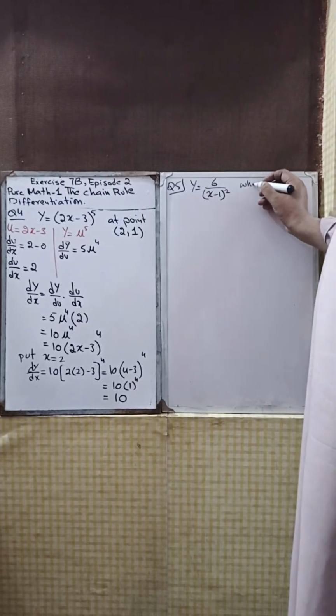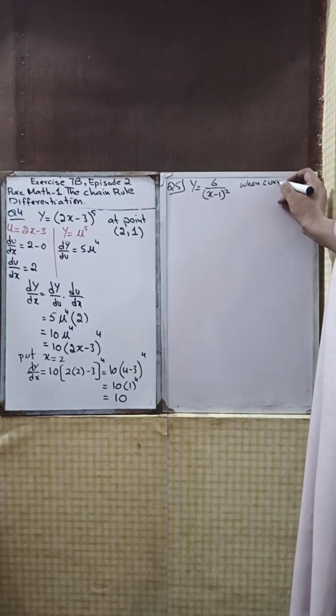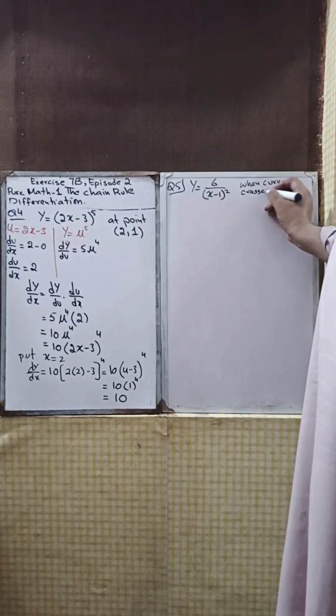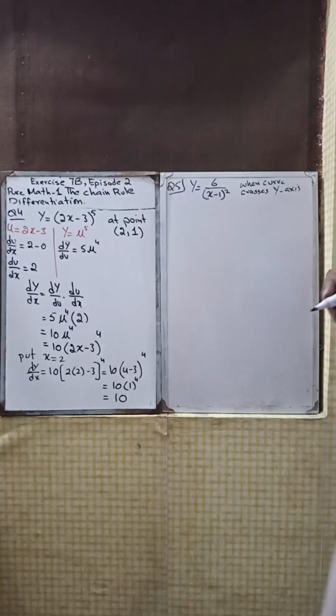We have to find out the gradient when the curve crosses the y-axis. You know, whenever the curve crosses the y-axis, the value of x will be 0. I need the value of x only here. So the value of x will be 0.